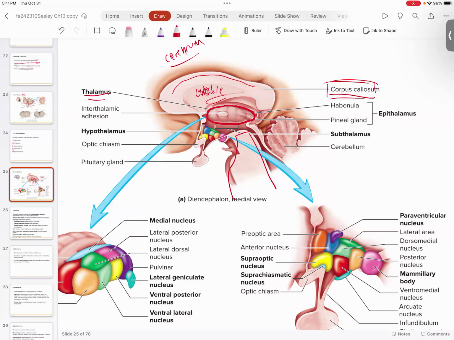And then you often will see this little bean-shaped structure right in the middle. That's called the interthalamic adhesion, which connects the two halves of the thalamus together. And so that typically will form your thalamus.